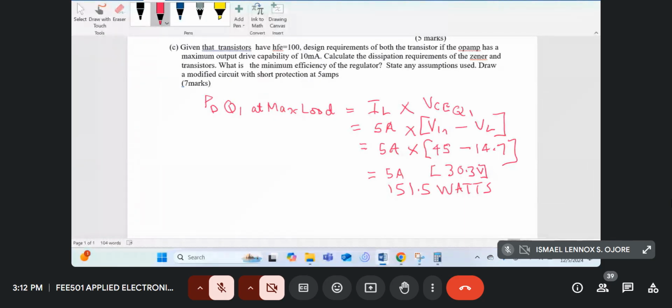But if this was your project in the lab to design this power supply, you cannot go to the shop and buy a transistor which is rated 151.5 watts. You want to get it first of all, like the 2N3055 we saw last time. It could dissipate 115 watts.